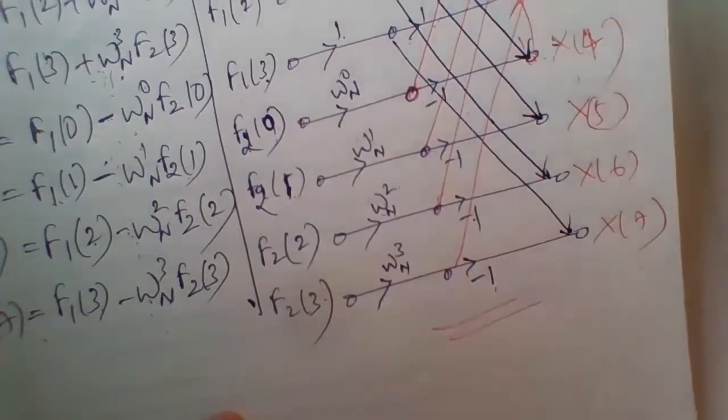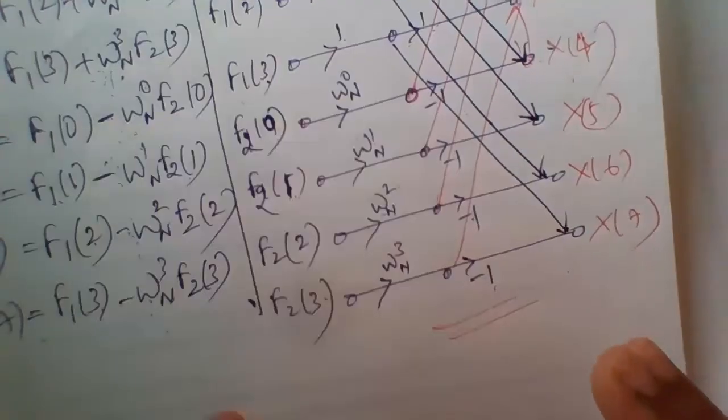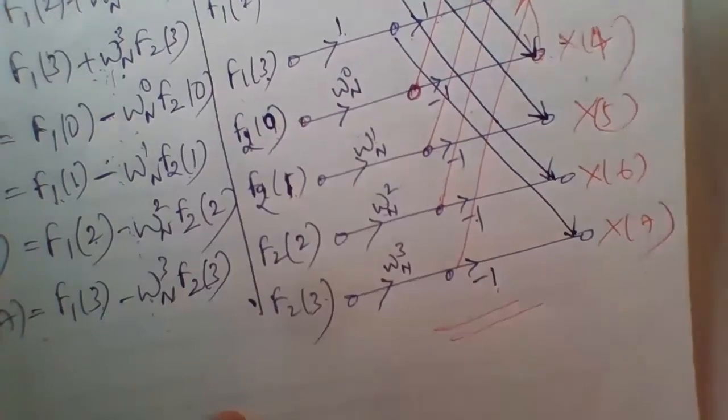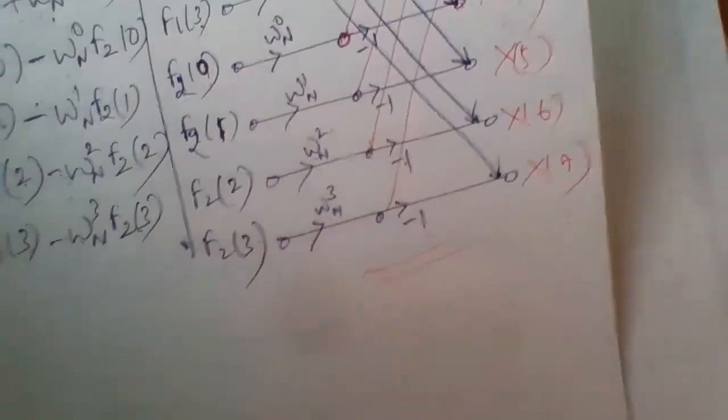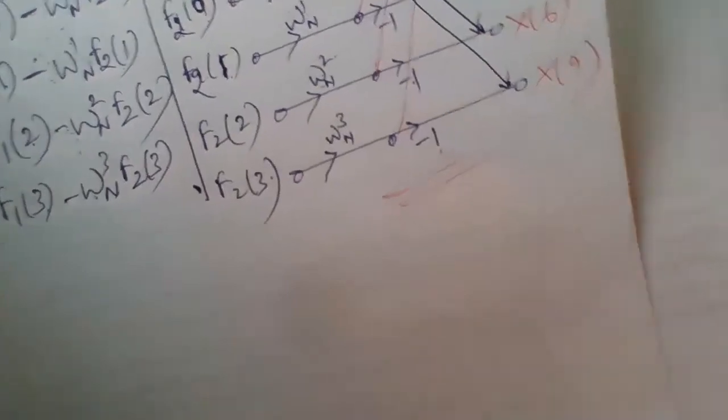So how does the complete signal flow graph for a radix 2 DIT algorithm look? Therefore, now let us draw the complete signal flow graph for the radix 2 DIT FFT algorithm. Complete signal flow graph in the sense of combining all the three stages. In the first stage, we have the inputs, that is our input sequence, x of 0 to x of 7.